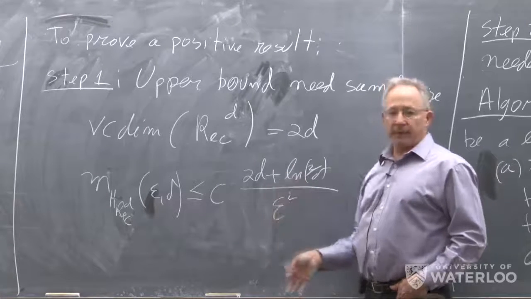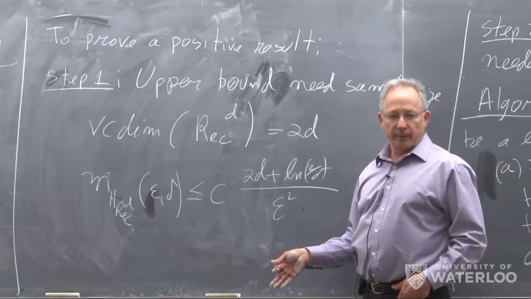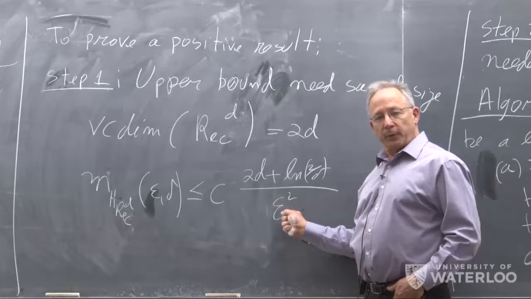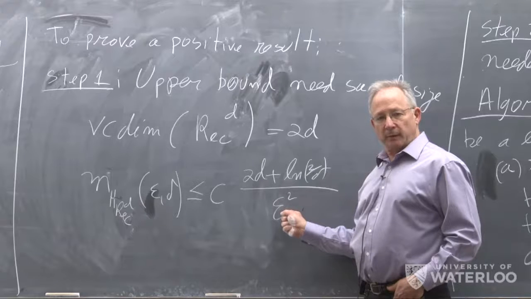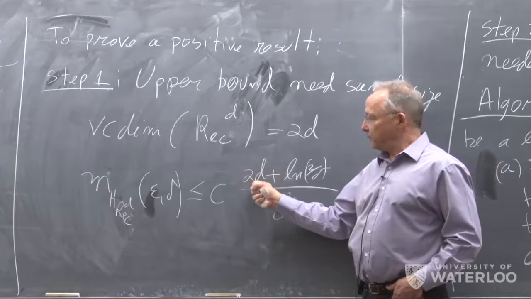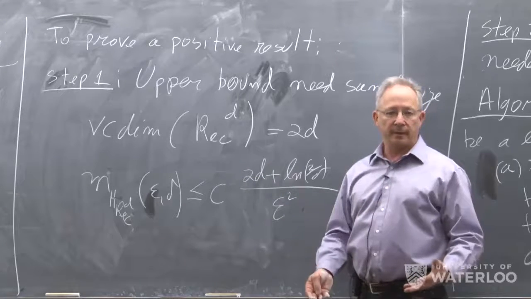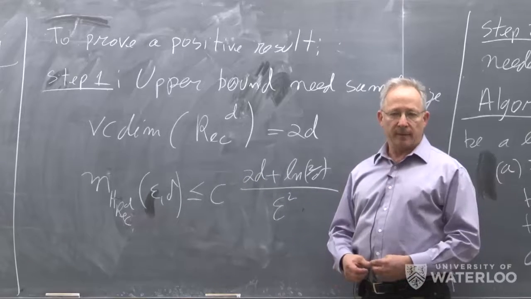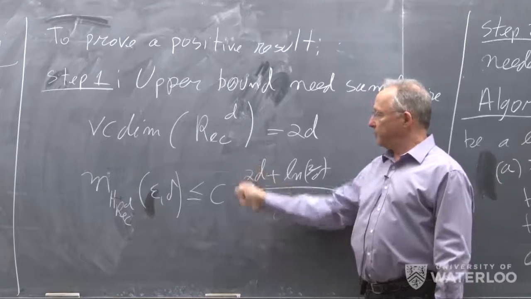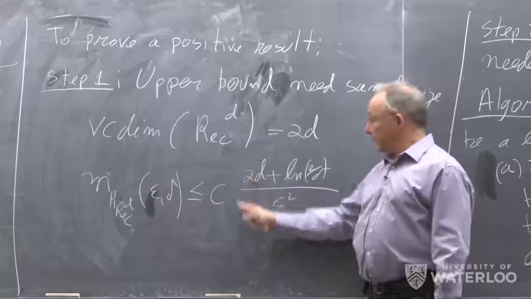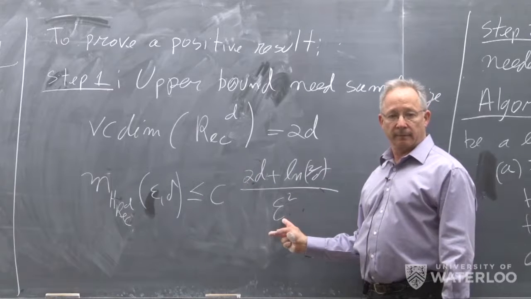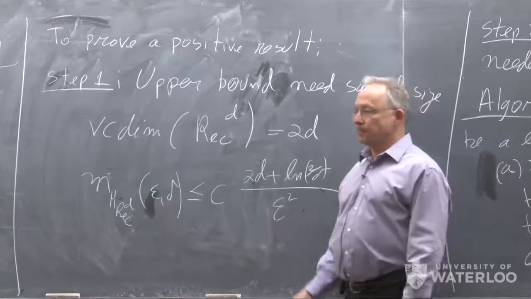So it's 100 times the size of a shattered set, because you divide by 0.1 squared, you divide by 0.01, you multiply by 100. So the biggest set that you can shatter is of size 2D, which is the VC dimension, but you picked a much bigger sample, by a factor of 1 over epsilon squared. Okay?